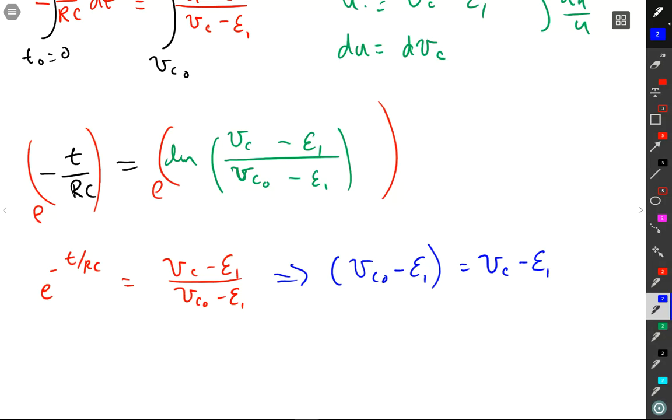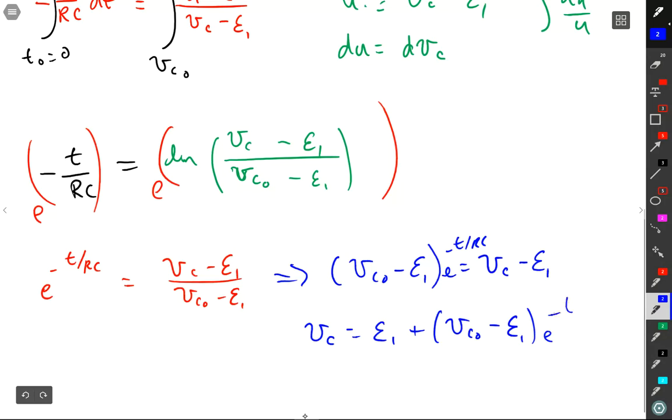And then, of course, you add epsilon 1. Oh, I forgot something very important there. It's kind of important. So I have to add E1 to both sides, and so here I've solved for this specific circuit.